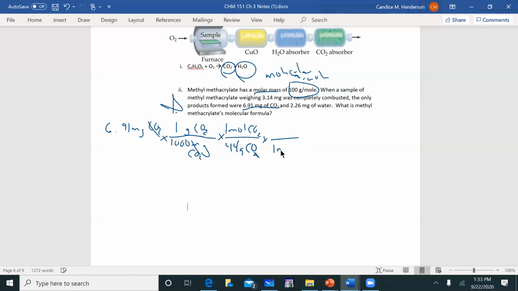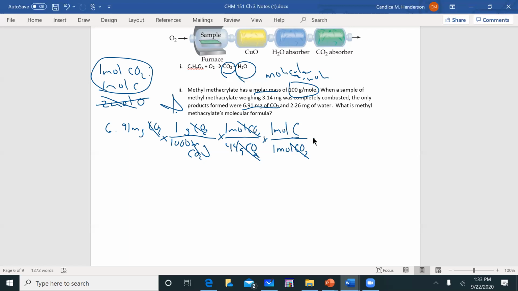So 1 mole of CO2, I want to go towards just carbon, right? And I know that I get 1 mole of carbon in every 1 mole of CO2. Why? Because there's a 1-to-1 ratio: 1 mole of CO2 yields 1 mole of carbon and 2 moles of oxygen. In this case, we're not even going to use the oxygen, we're just using this ratio here. So grams have canceled, moles of CO2 have canceled, and now I'm in moles of carbon.